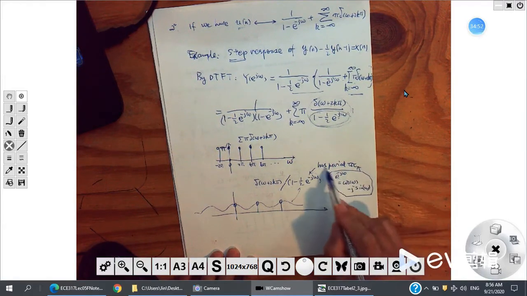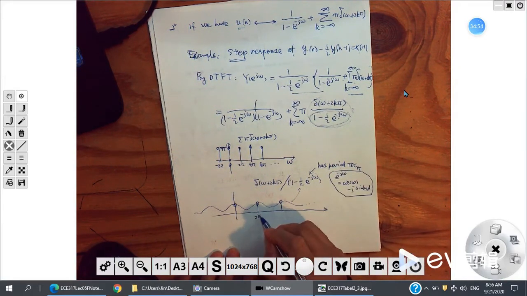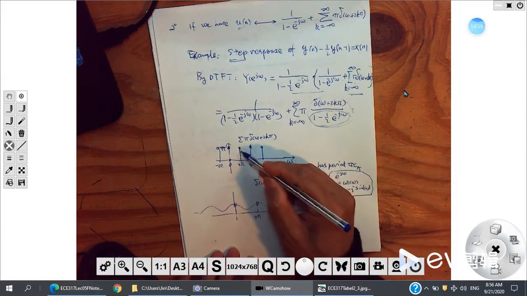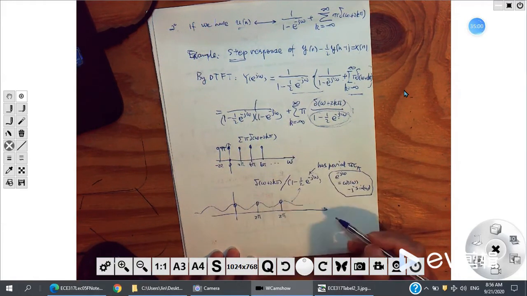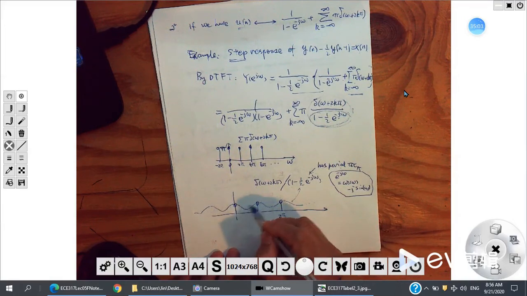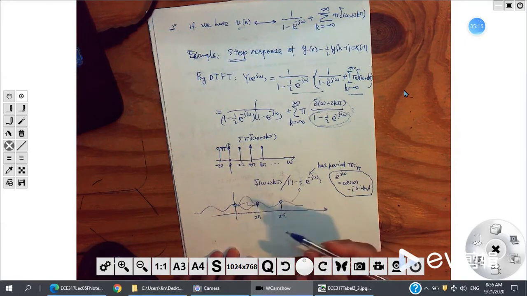So the period is 2 pi. And for the delta also, every 2 pi you have an impulse, right? Between these two impulses the value is 0, because delta is 0, so delta divided by this is still 0. No matter what it is here, maybe like this, or like this, anything, it doesn't matter. So we only need the value here.